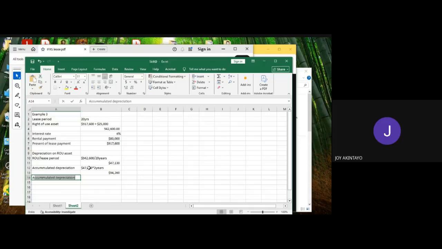So next thing is our amortization table. So we can just calculate our carrying value, carrying amount, because carrying amount will just be the ROU, which is this value 942,600, minus 94,260.